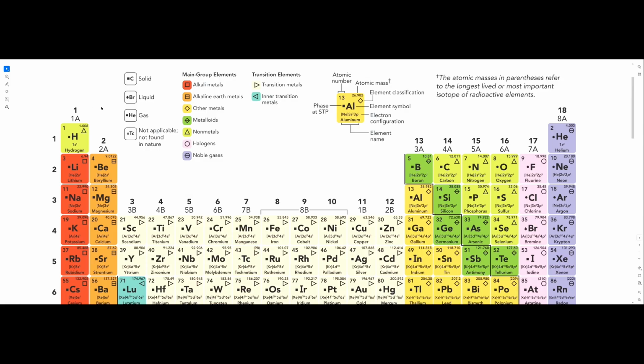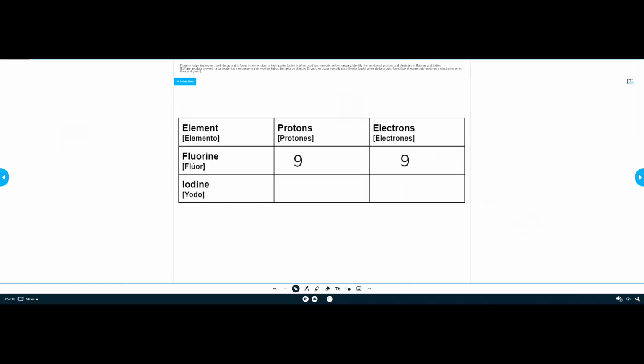Let's do the same thing for iodine. Iodine is number 53. So let's go ahead and type the number 53. And here is our final answer.